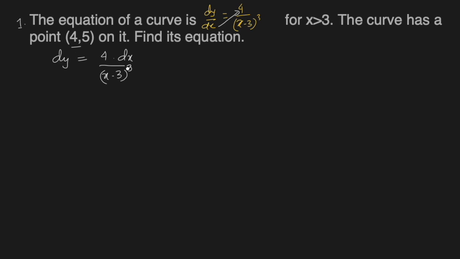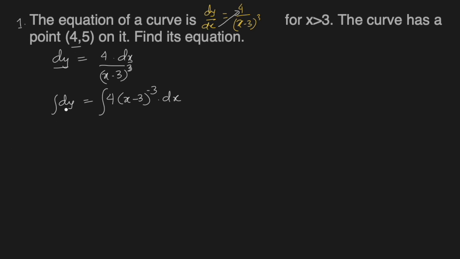And now we have two derivatives on two sides, dy on dx separated. So we'll integrate both sides: dy on this side, and 4 times (x minus 3) to the power minus 3, and integrate this as well with respect to x.